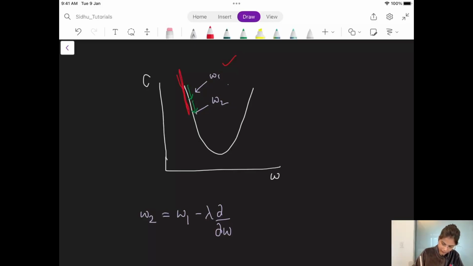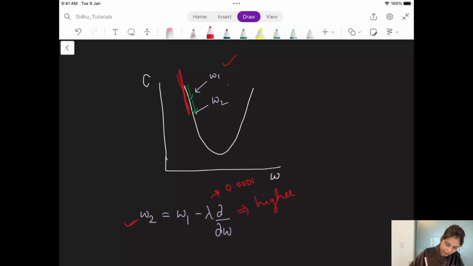If it's steeper, that means this value is higher, then I still have to take a bigger step, and this value will be multiplied by the value of lambda, which could be 0.0001, and we are just deducting this value from w1 and we'll get a new value of w.